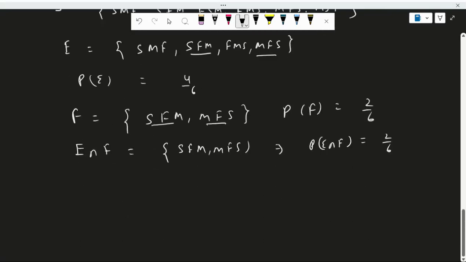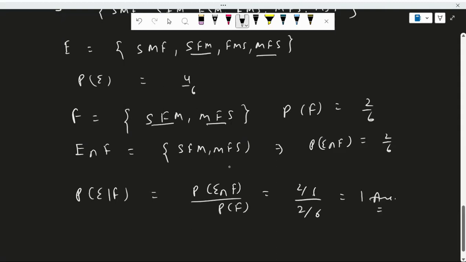Now P(E by F) is P(E intersection F) over P(F). So that will be 2 over 6 divided by 2 over 6. The answer is 1.